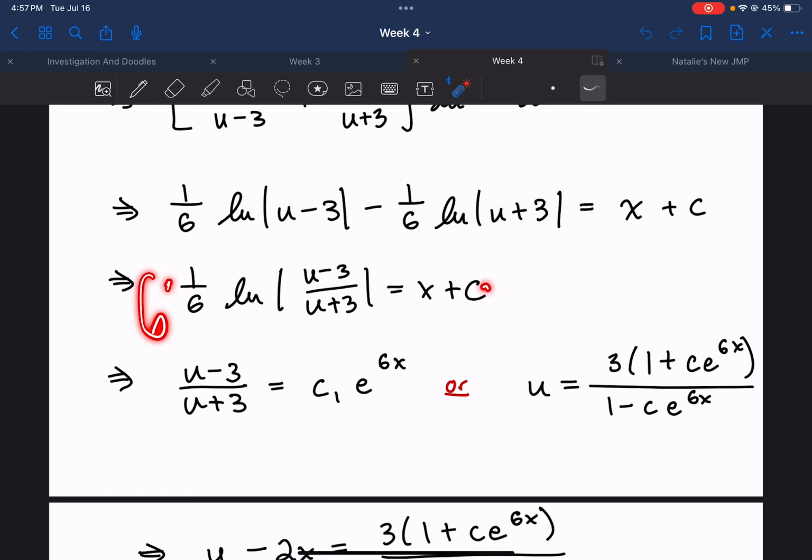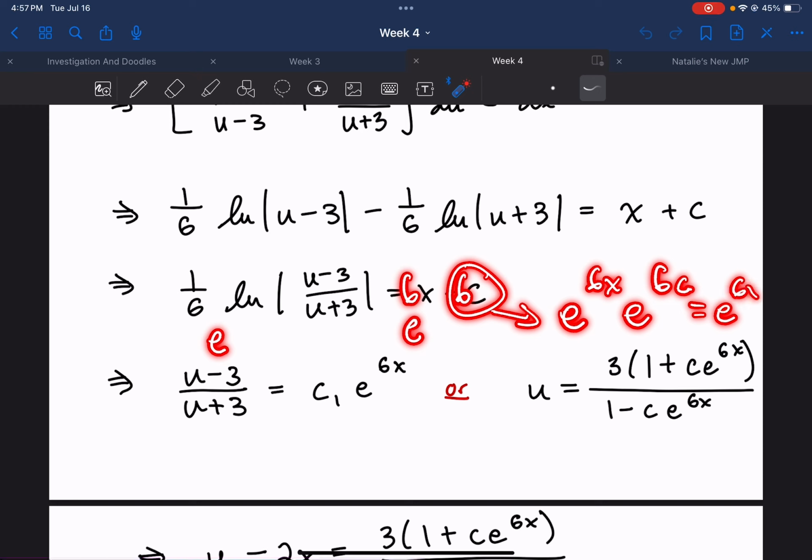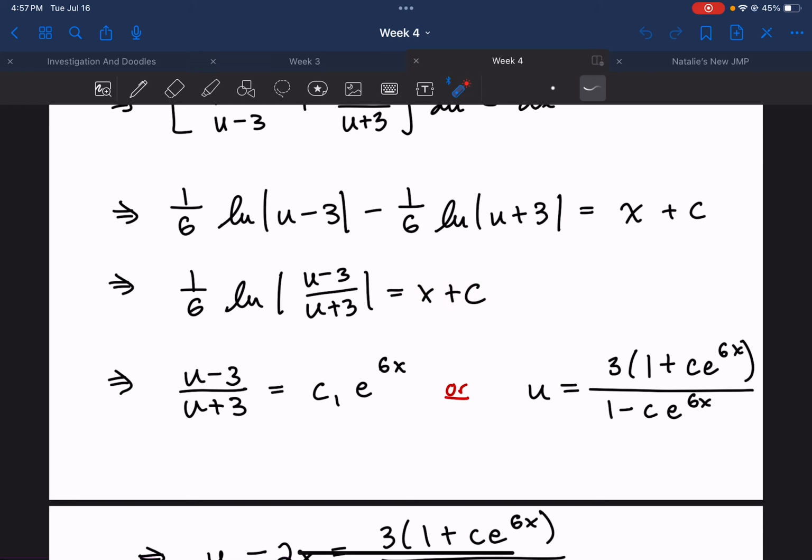That'll cancel out this 1/6. And just like we've seen before, raising both sides to the e, you can break off this e to the 6x, e to the 6c, and that becomes e to the 6x times a constant, just another constant. So that's what happened here. This is just me multiplying things across and solving for u.